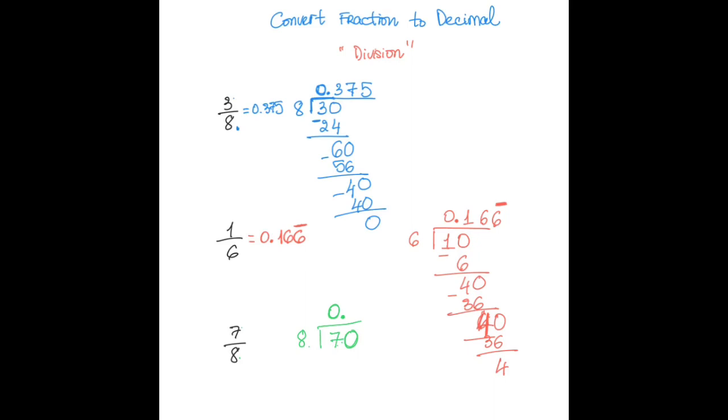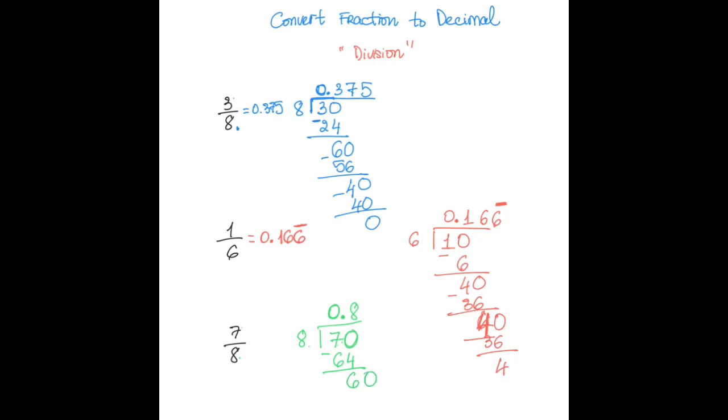So 70 divided by 8, how many times that 8 go into 70? 8 times 8, 64, but 8 times 9 is 72, so it's an 8. 8 times 8, 64, 70 subtract to 64, give me a 6.